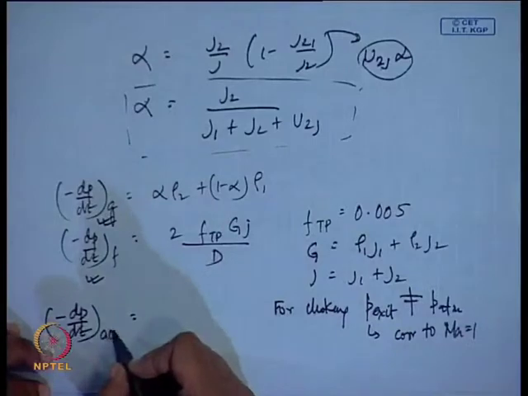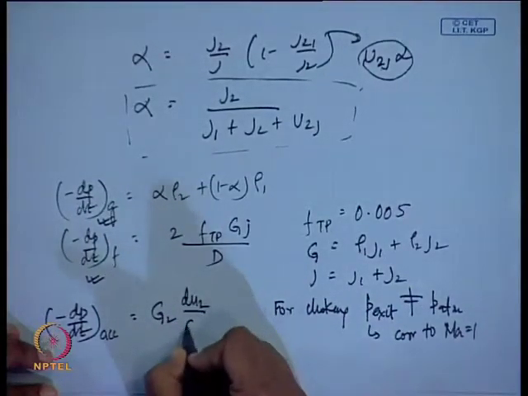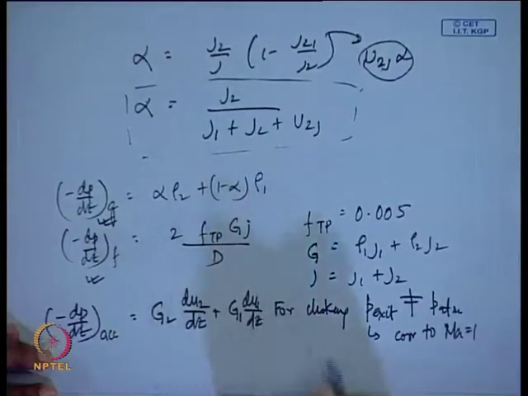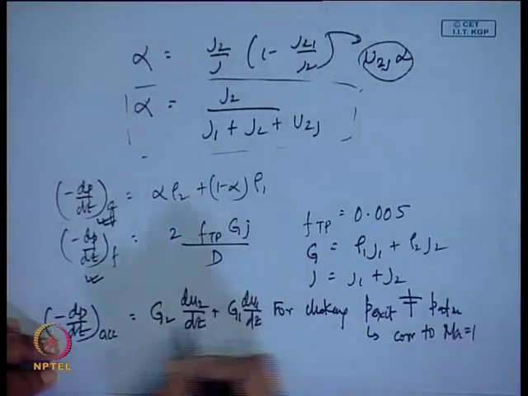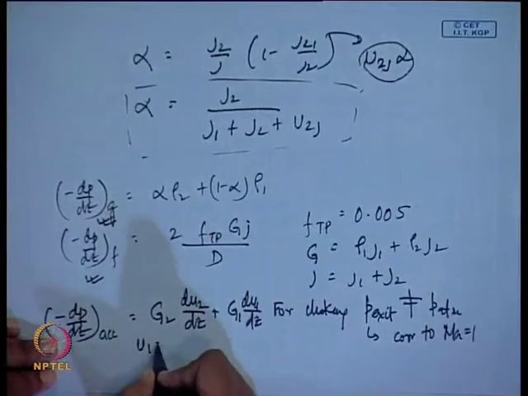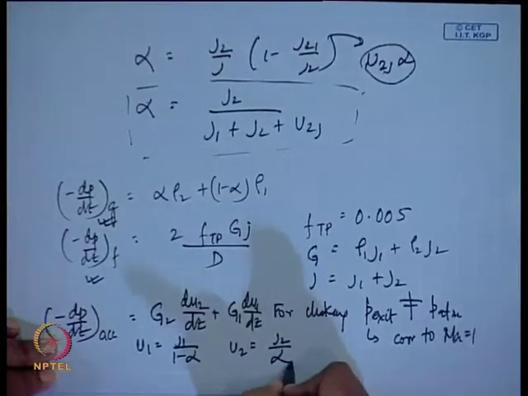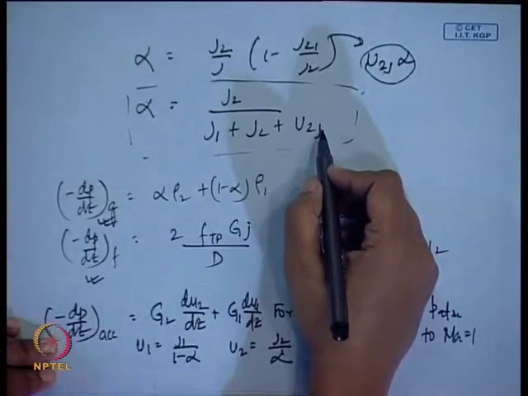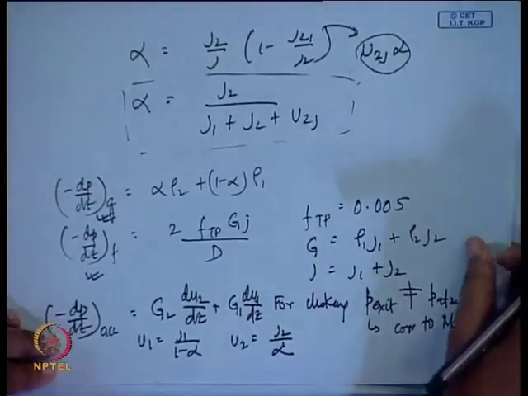So, what about the acceleration pressure drop? It can be obtained as G2 du2/dz plus G1 du1/dz, isn't it? This can be obtained. Okay. U1 and U2 we know very well: U1 equals J1 by (1 minus alpha), U2 equals J2 by alpha. Alpha and 1 minus alpha we can obtain from this particular expression. I will just discuss the problem and then you are supposed to do it and submit this problem.